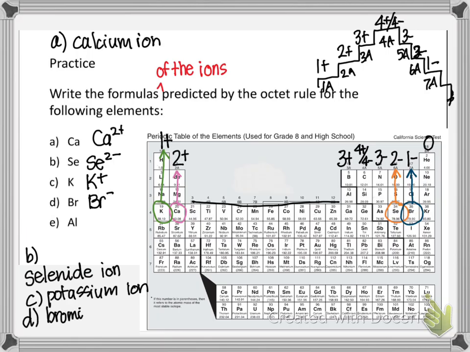And then aluminum. 3 plus. And it would be called aluminum ion because it's a positive. Don't change the name.